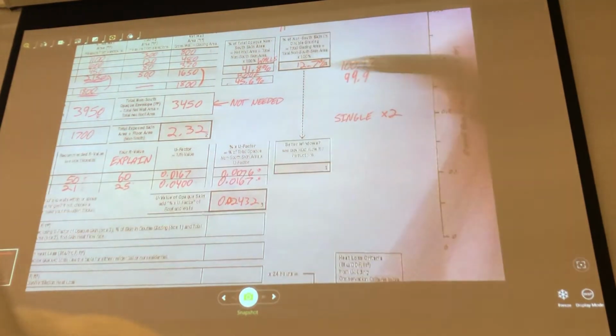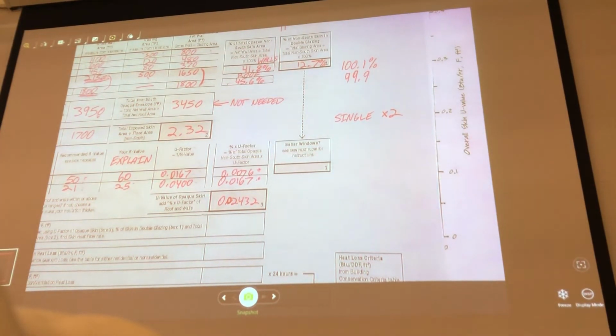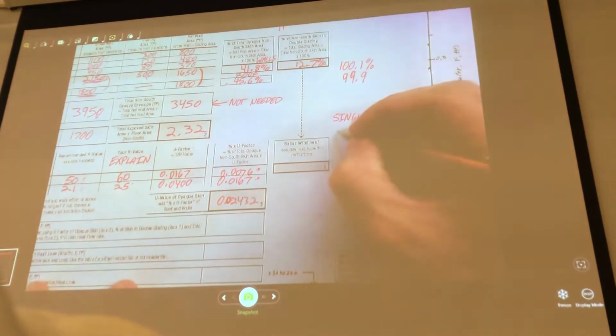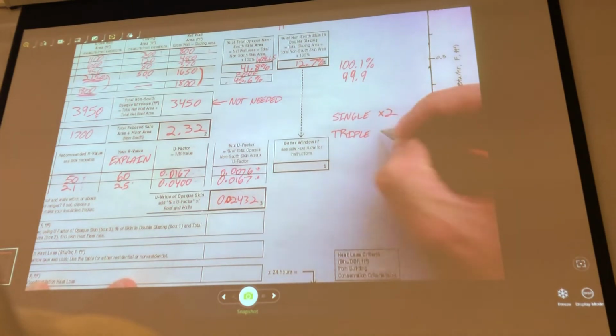Realistically, the U value for single pane glass is twice that of double pane glass. So by multiplying the percentage by 2, that essentially compensates for that additional heat loss that's going through those windows. If you've got triple pane glass, you're going to divide by 2.